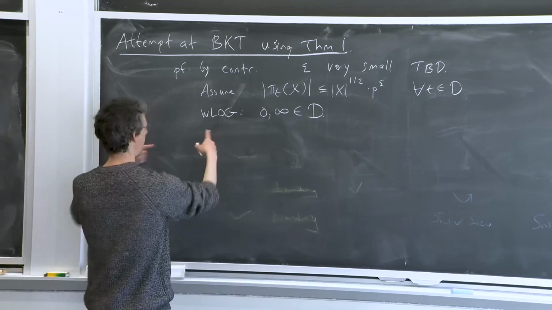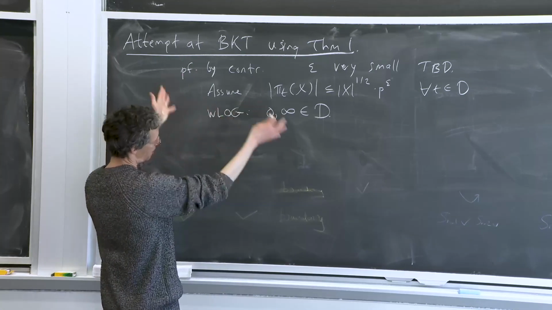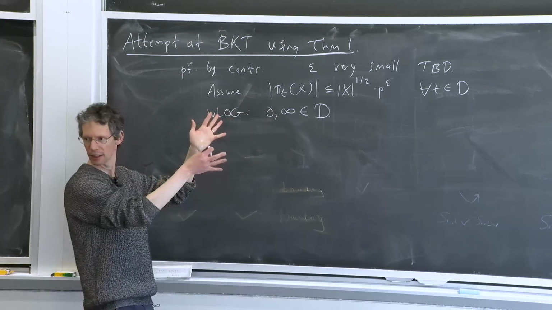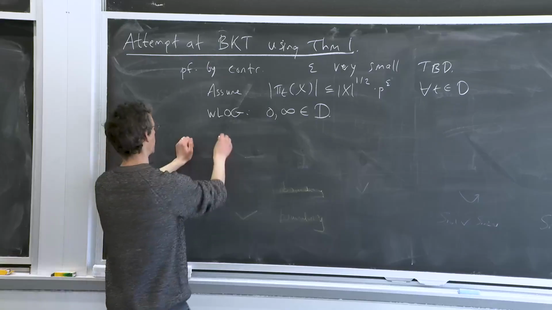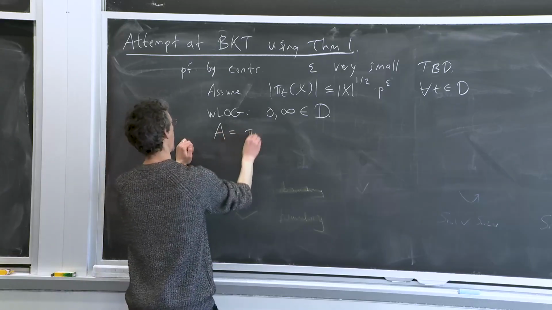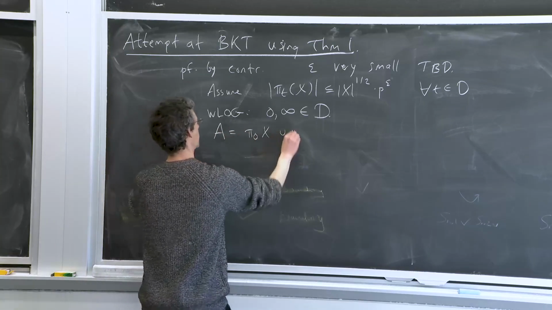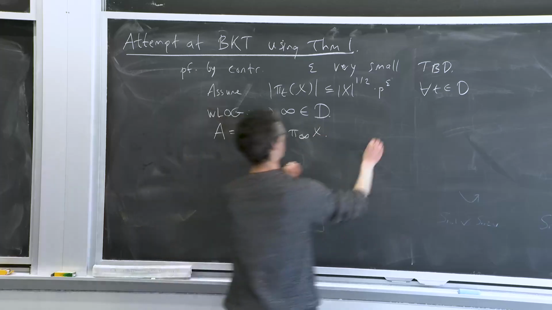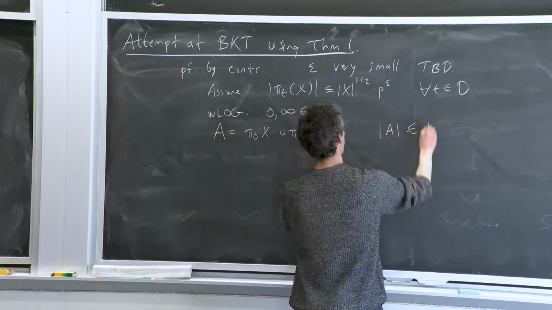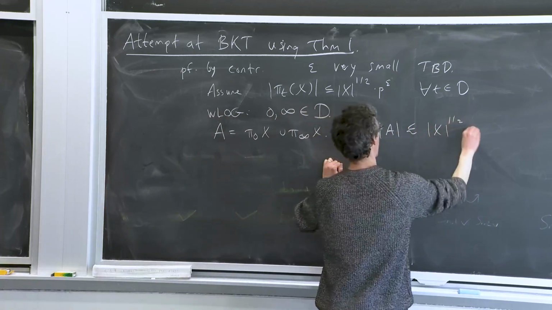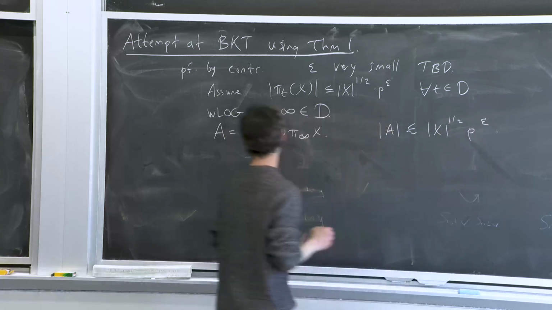So then we can make a set A so that A times A contains X, and X is most of A times A. So the set A is pi_0 of X union pi_infinity of X, where the size of A is bounded by |X| to the half times p to the epsilon.